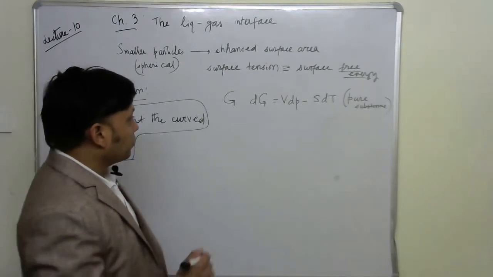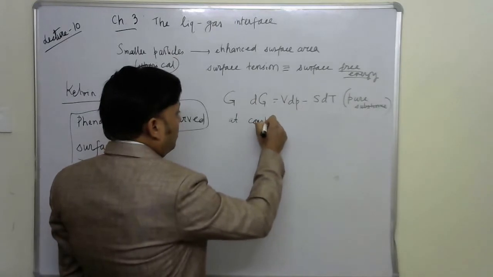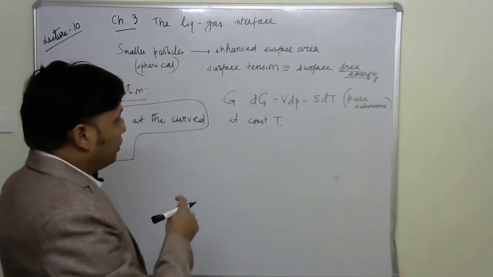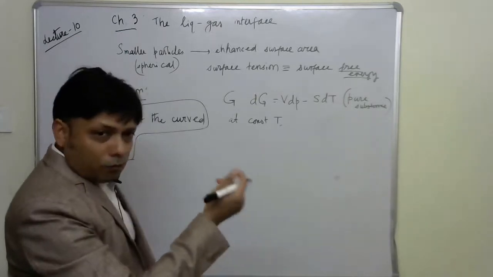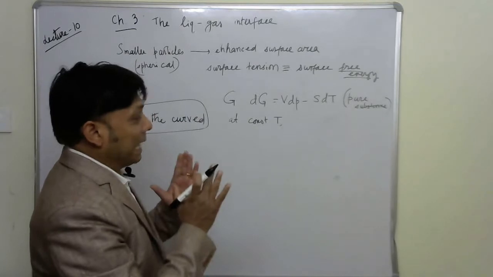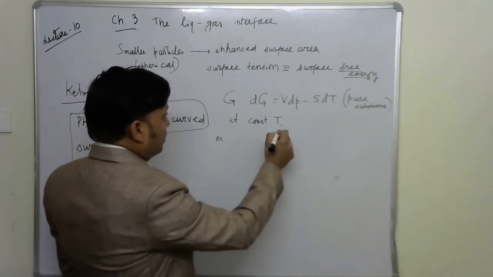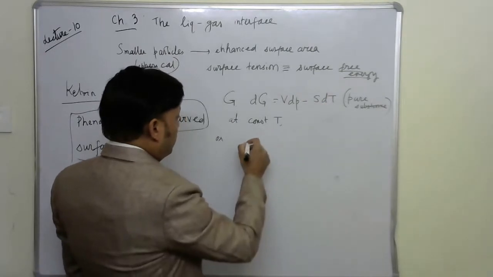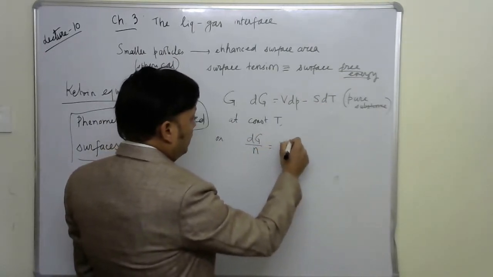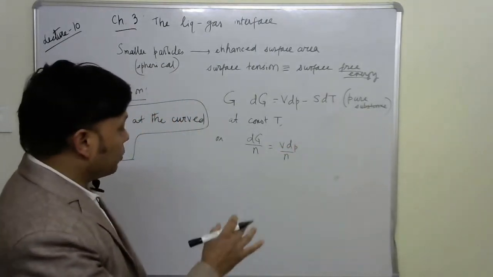Now the same equation, at constant temperature, we divide everything by the number of moles, say we have a pure substance of n moles. At constant temperature, the SdT part becomes 0. So we can write dG divided by n is equal to VdP divided by n, where n is the number of moles for the pure substance.